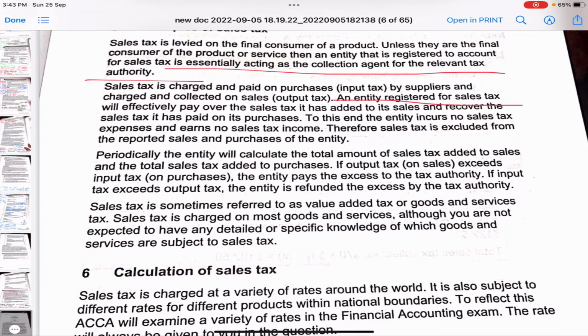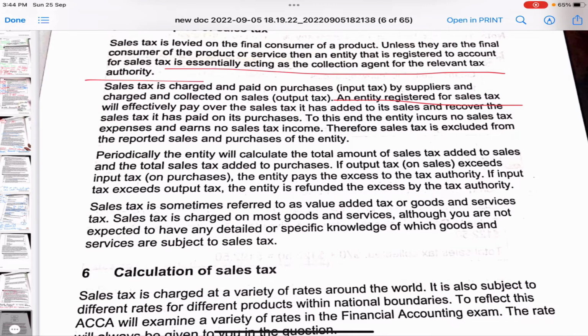Periodically, the entity will calculate the total amount of sales tax added to the sales and the total sales tax added to the purchases. If output tax on sales exceeds input tax on purchases, the entity pays the excess to the tax authority. If input tax exceeds the output tax, the entity is refunded the excess by the tax authority. Okay, now just link it to what we have discussed.